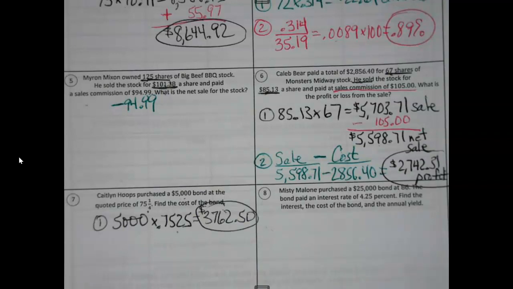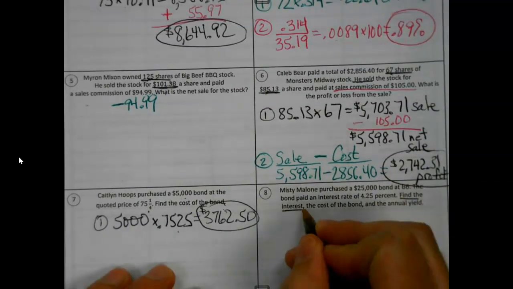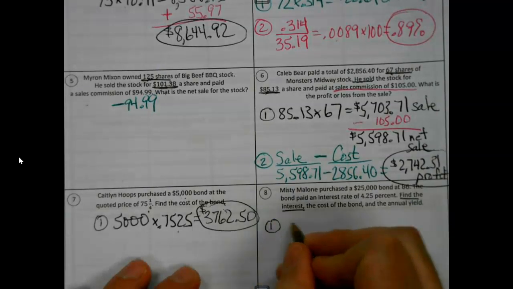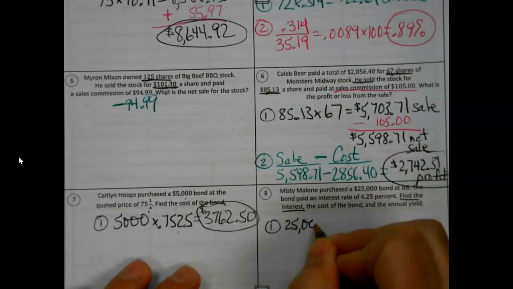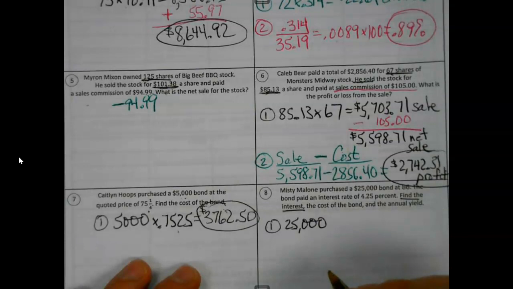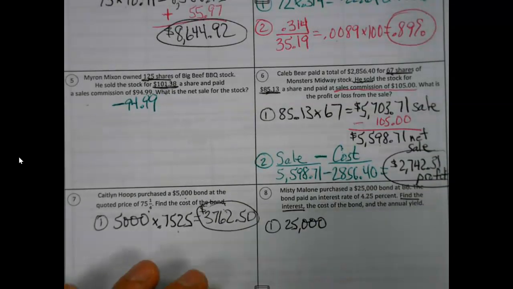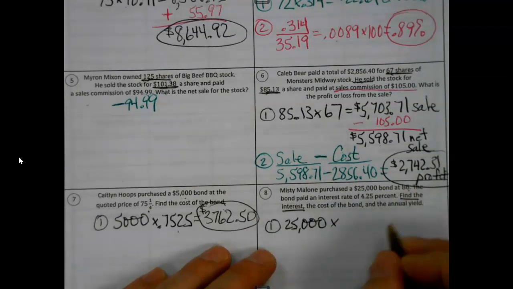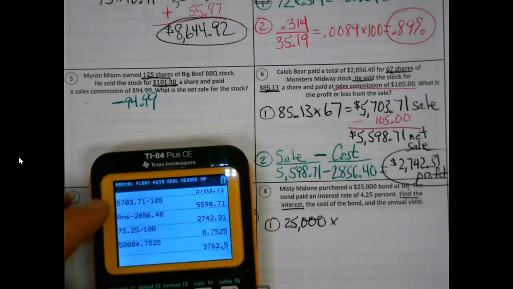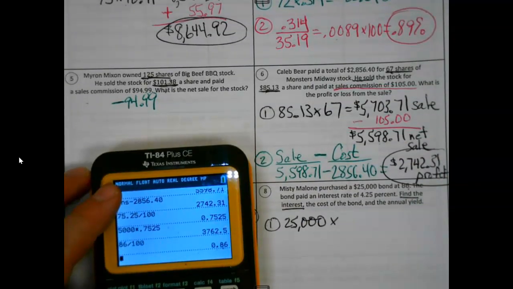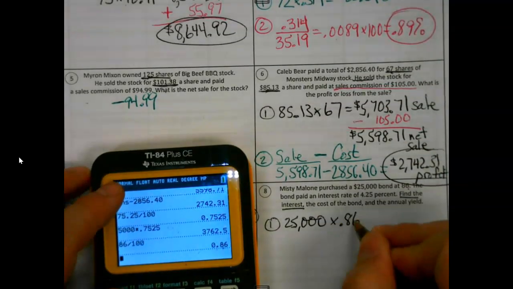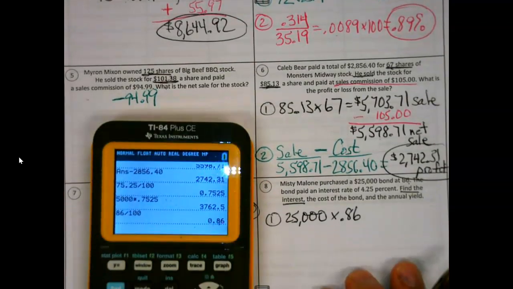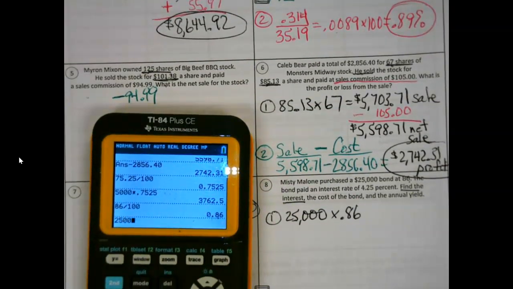Okay, three things. All right. Find the interest. I bought a $25,000 bond, and, well, we're not necessarily going to go in order, are we? No, we're not. That's okay. We'll figure it all out. At 86. So again, I take the 86, divide it by 100. I need the decimal mode. So in actuality, what I'm doing is I'm paying 86% of the price. I'm getting a 14% discount to buy this bond.